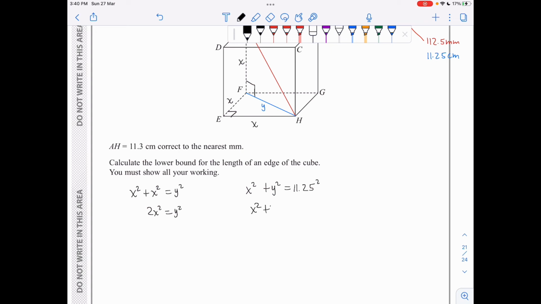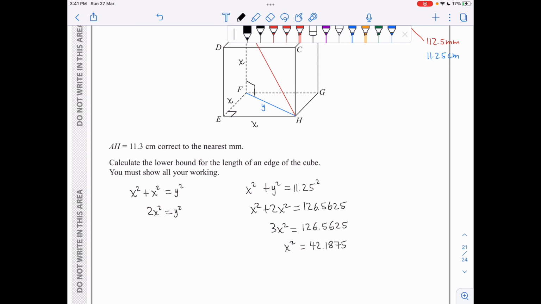So x squared plus 2x squared is equal to 126.5625, which is 11.25 squared. 3x squared is equal to that. I will divide by 3 to get that x squared is 42.1875.